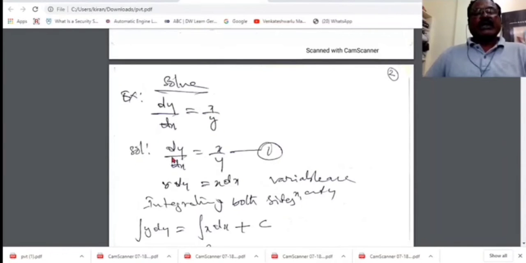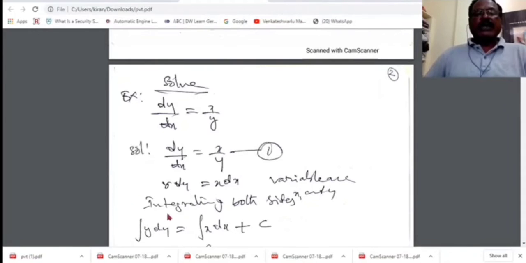Solution: dy by dx is equal to x by y. That is equation number 1. Here, variables are x and y. Now, y dy equal to x dx.